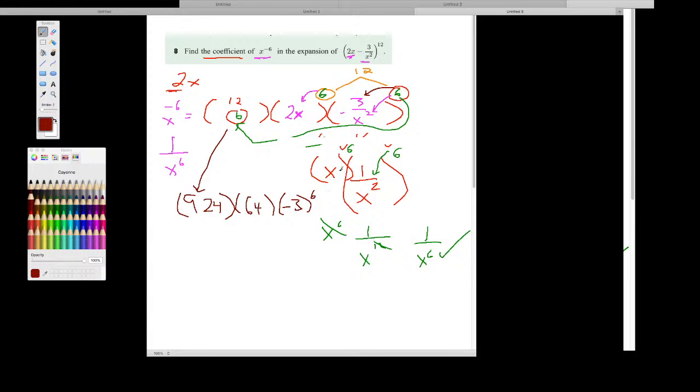If you're wondering where all my x's are going, well, we took care of that with this bit here. We know that this is going to be our x to the 6th guy, like 1 over x to the 6th. So at this point, I don't care about the x's because the question asks, what is the coefficient.